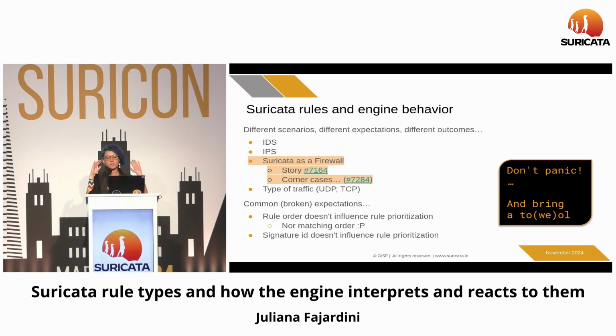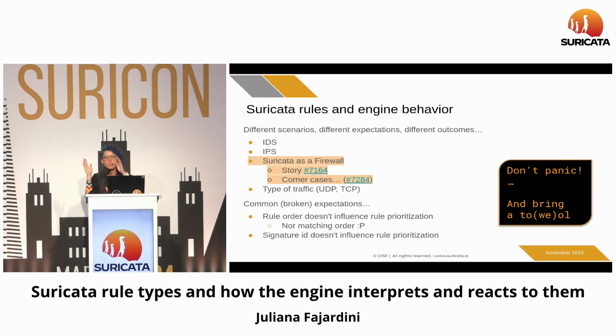besides Suricata categorizing the rules that you write in a way that might not be so straightforward to you as you are writing them, there are other things that also impact when you will see the alert, if you will see the alert.